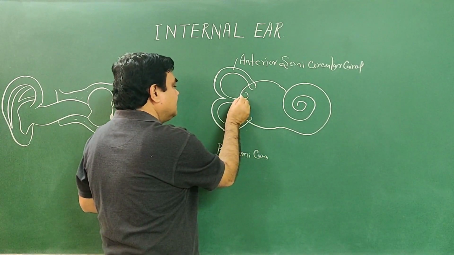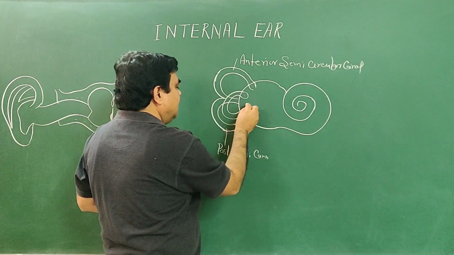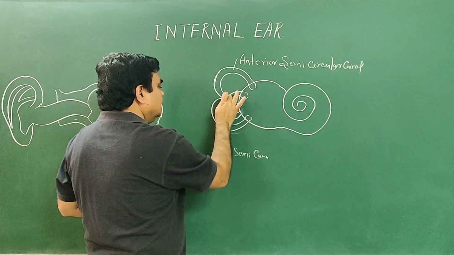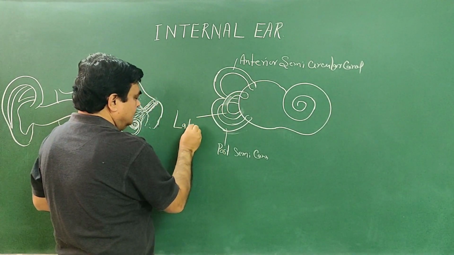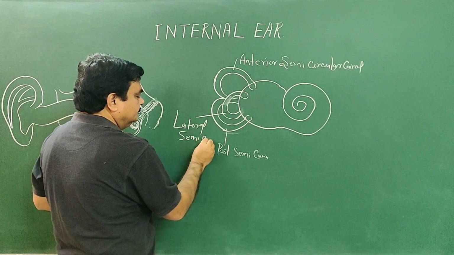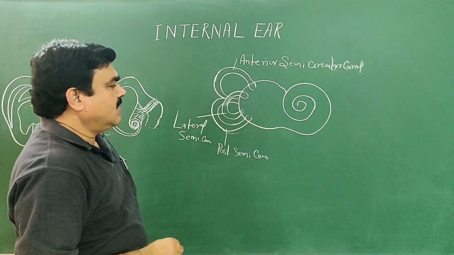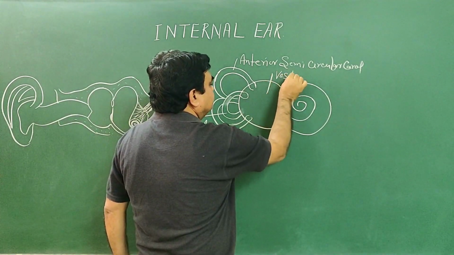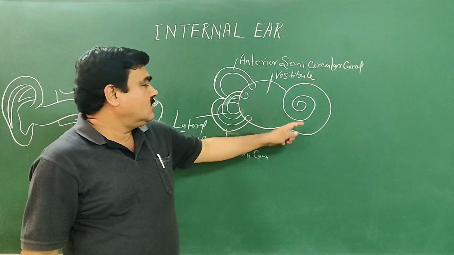And here is the lateral semicircular canal. So these are three semicircular canals, and this part is the vestibule, and this is the cochlea.